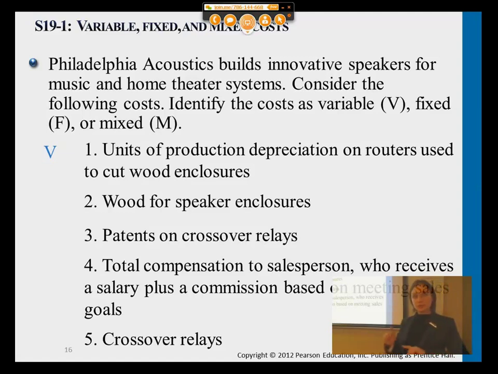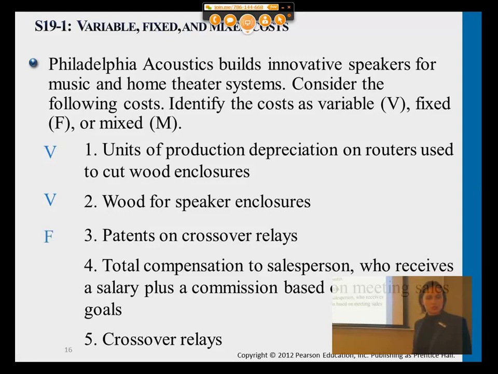We said that per unit and the total cost is different, right? So let's see. Patents on crossover relays. Fixed. Why fixed? Does not matter what is the quantity.